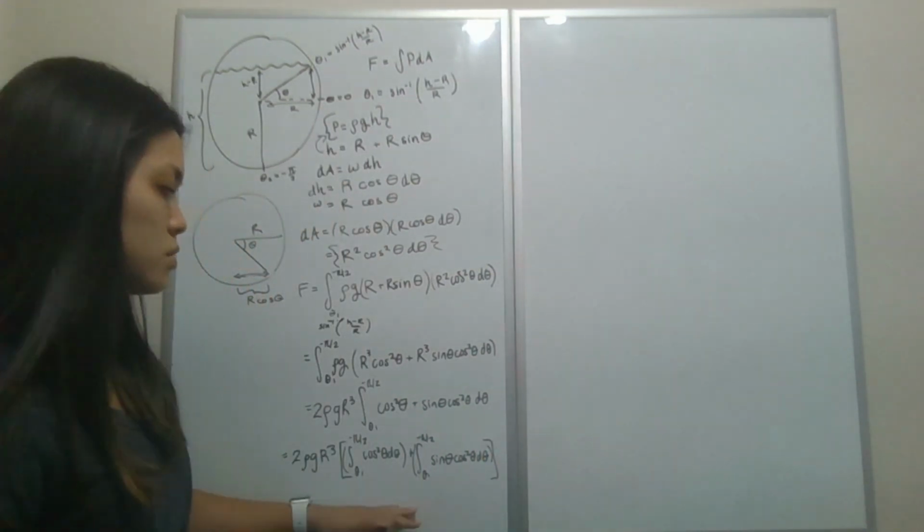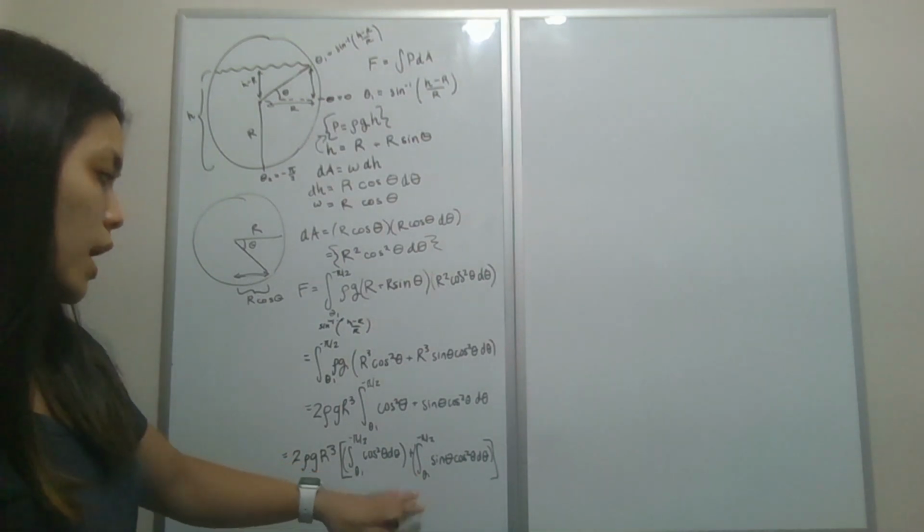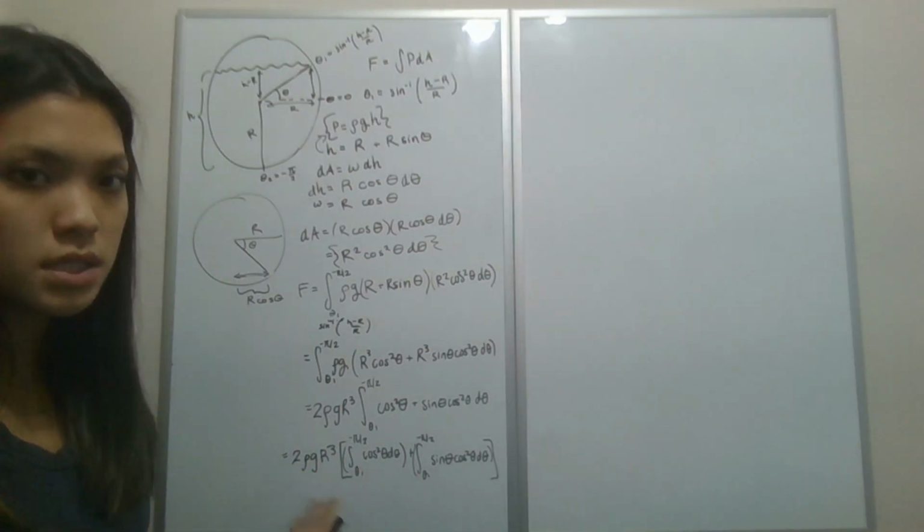Again, these two integral quantities are added together and then multiplied by the constants.